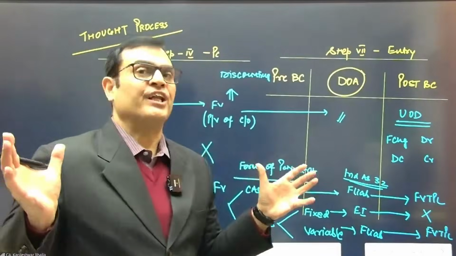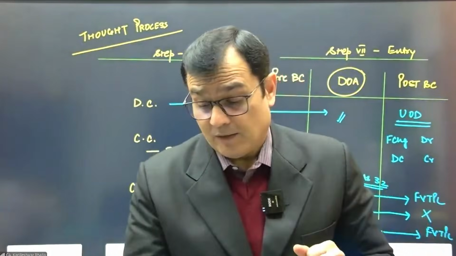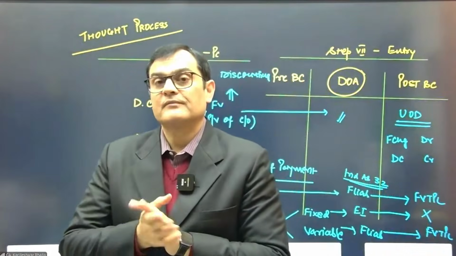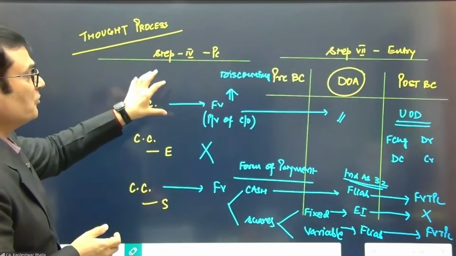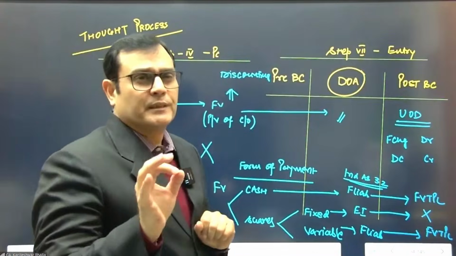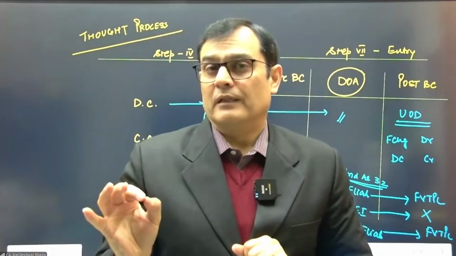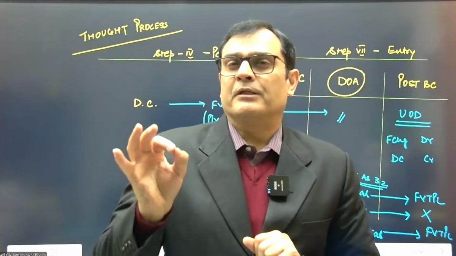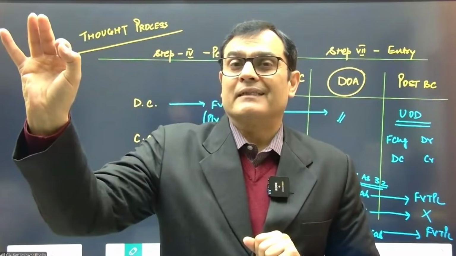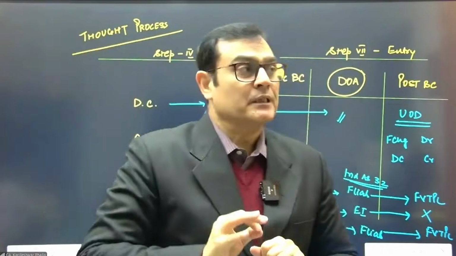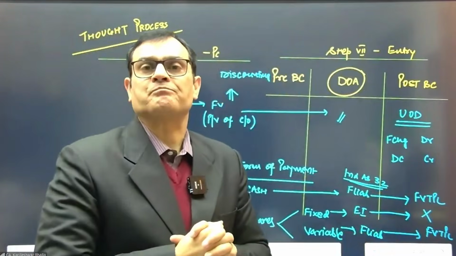Sir, once again. Can you put that once again? I know a lot of information is coming in. So let me put this once again to you. I am trying to match the thought process that when you calculate a purchase consideration, you also need to be careful and be clear about what the impact is in the seventh step, that is, after the acquisition entry. Will there be any accounting implications happening later?